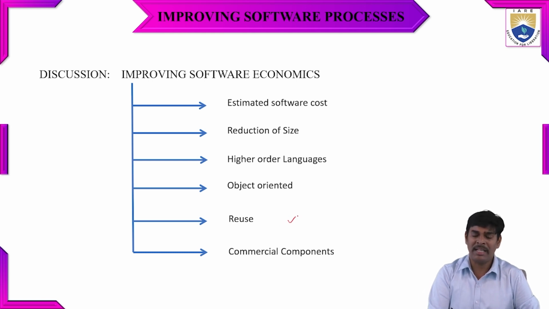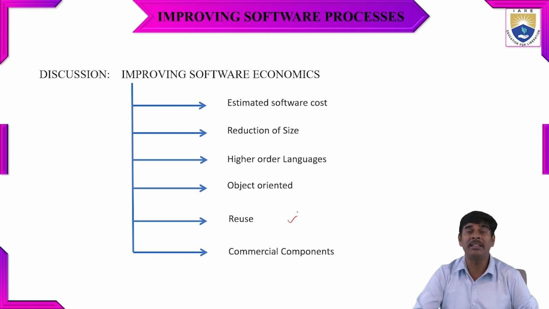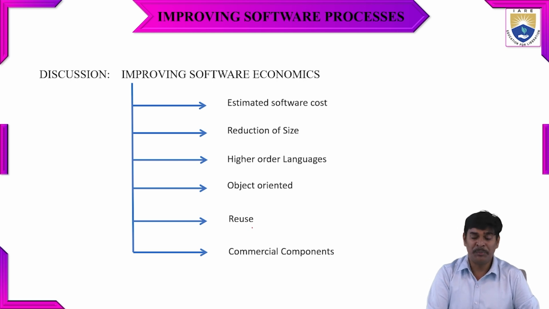Next one is reuse. This is the ultimate advantage of improving the software economics. There is no need to write the code from scratch. With the help of reuse, we can reduce the code size, as well as minimize the components efficiently.